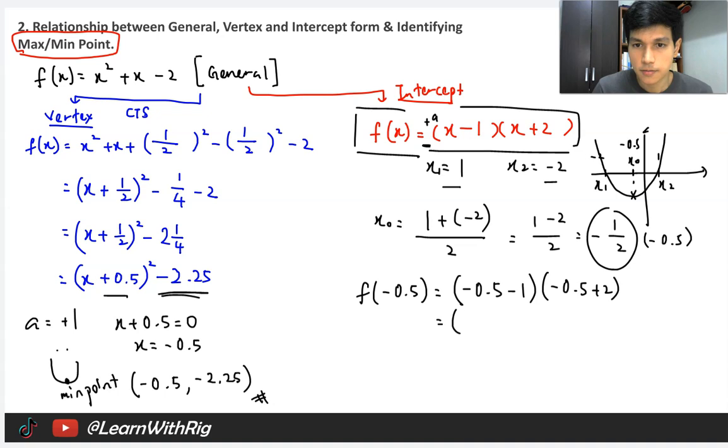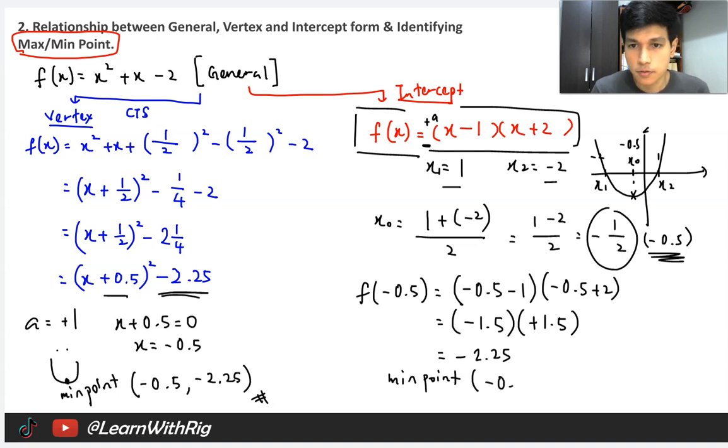So you should get negative 1.5 times positive 1.5. Answer is negative 2.25. So your minimum point: your x value is negative 0.5, and your y value is negative 2.25.